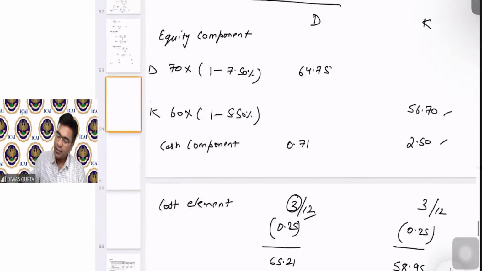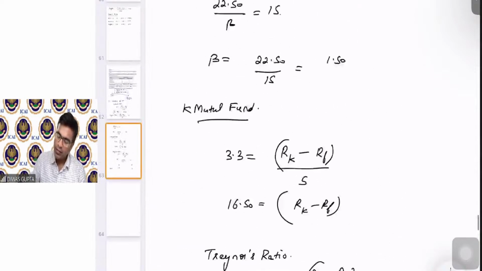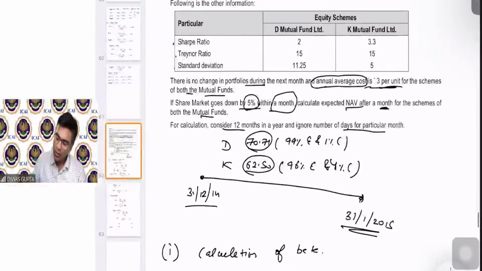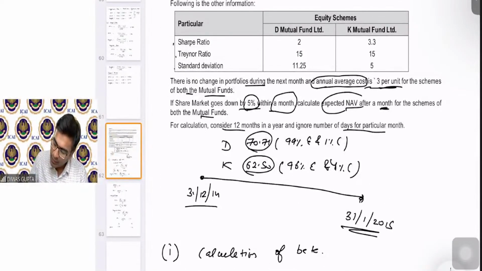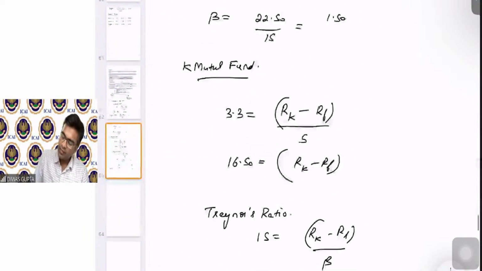So I think that is it. Let's go and check what the question was asking us to do. Calculate the expected NAV after a month that we have calculated.